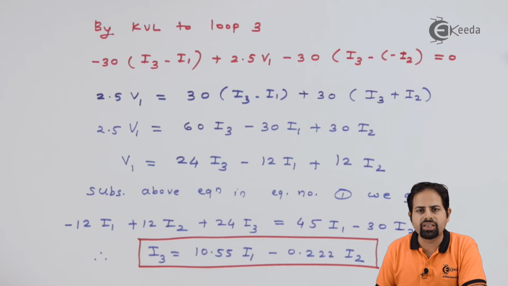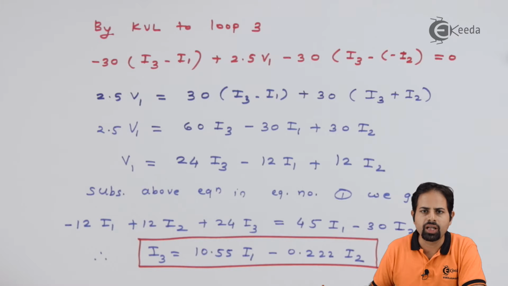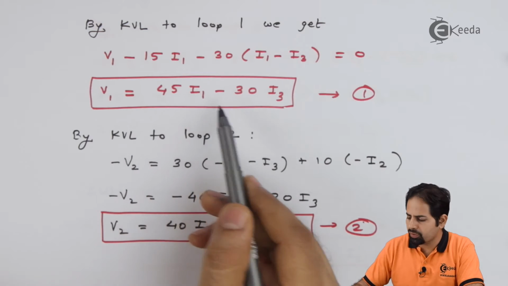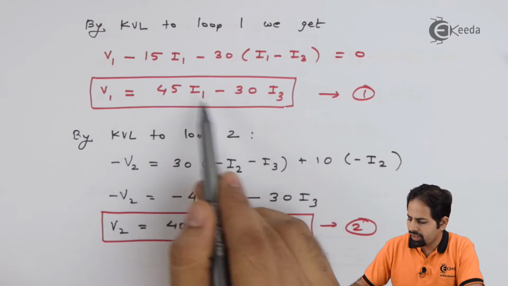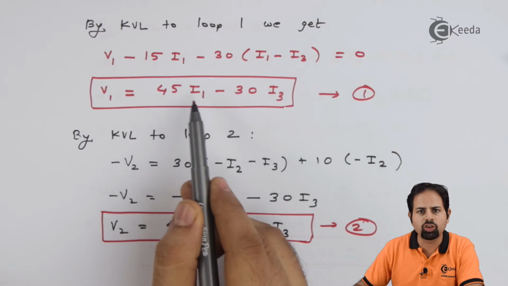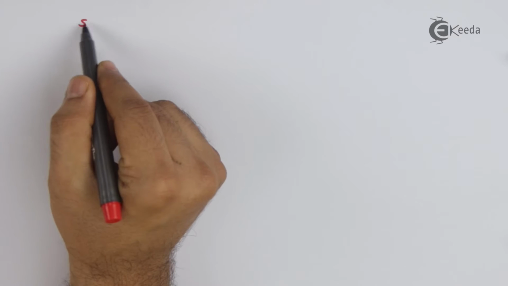So this is the value of I3 that we have got, and now this value of I3 we can substitute in respective equations and we will get V1 and V2 equations in terms of purely I1 and I2. For example, right now this I3 is in terms of I1 and I2, and if we substitute it here, our V1 will become in terms of I1 and I2, and that will solve our problem.